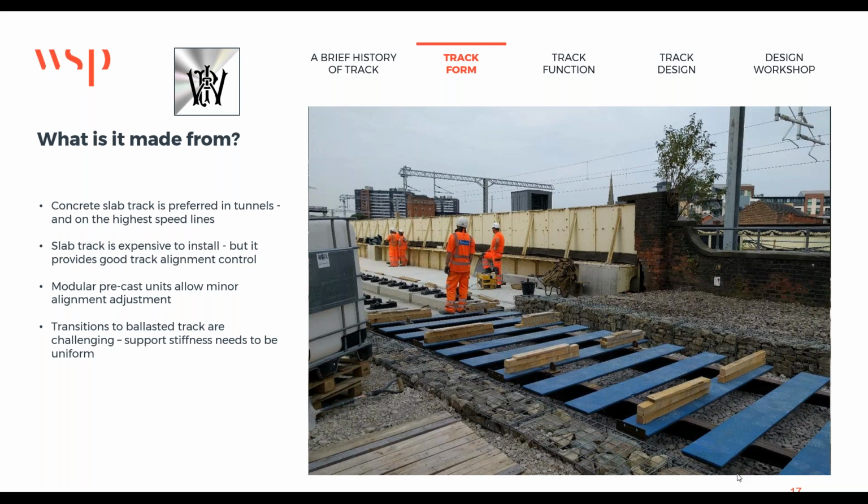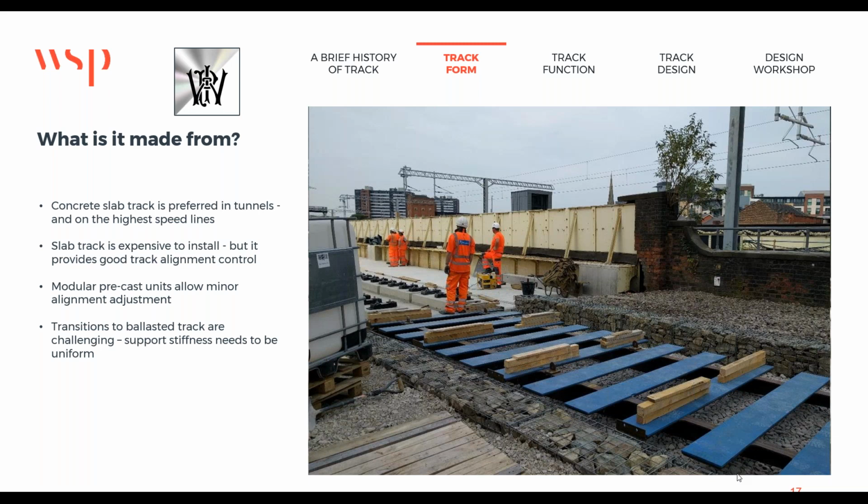Good question. So transitions are the part of the spiral where we apply the cant. Our cant gradient, or our twist value, is limited at 1 in 500. So that's 1 millimeter for every 500 millimeters you go along the track. A twist fault that you would need to do something with is something less than 1 in 200.